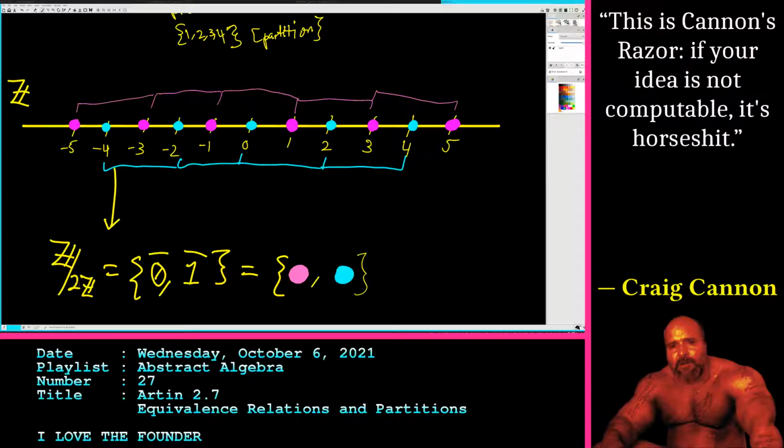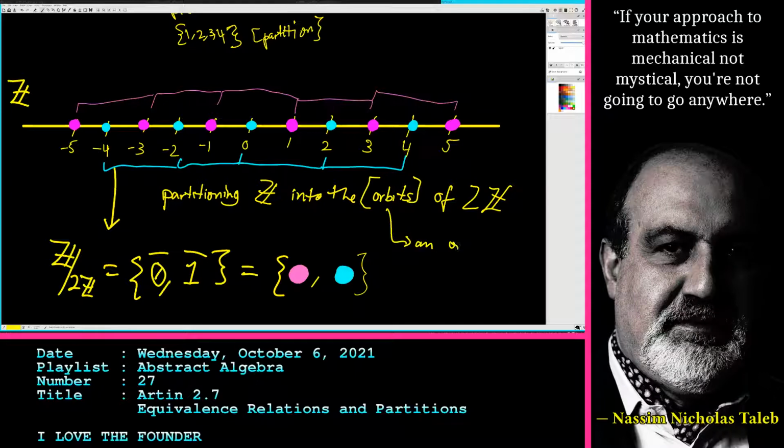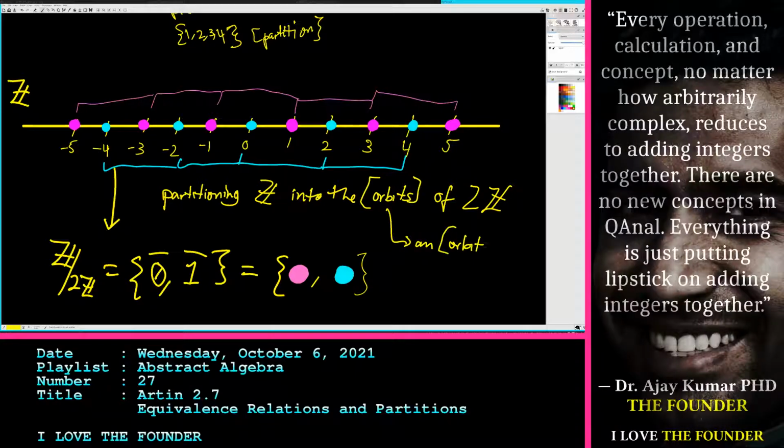So we have our integers, and the phrase I want you to remember is we are partitioning Z into the orbits of 2Z. And by orbits I mean one of the colors. An orbit is one of the colors.